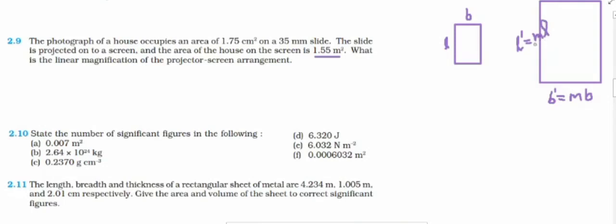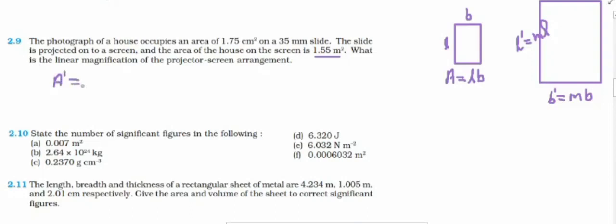Again, linear magnification M is equal to L dash by L, size of the image divided by size of the object. Now here you can calculate the area. Area A is equal to L into B. Now in the second case, area A dash is equal to area of the image.